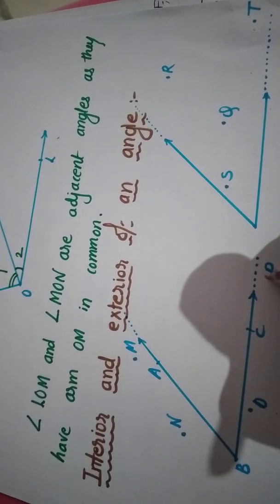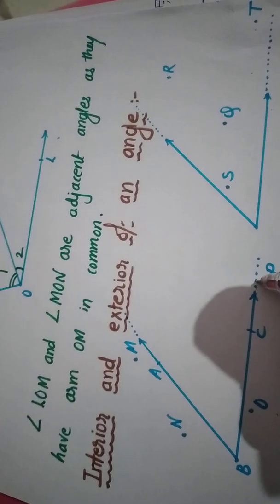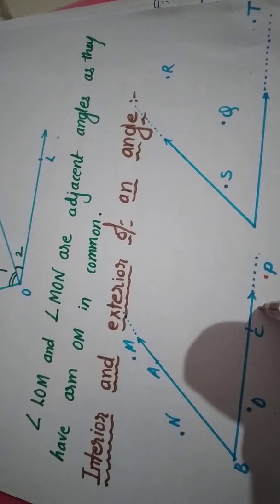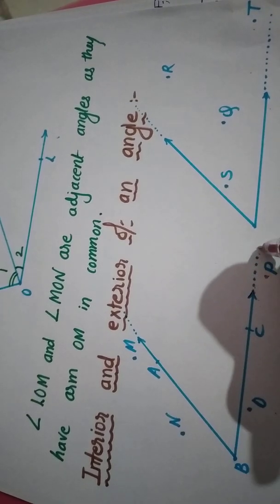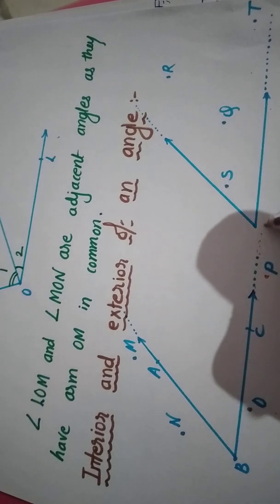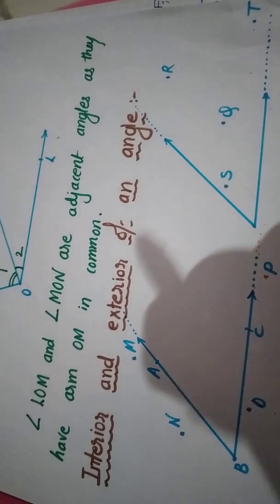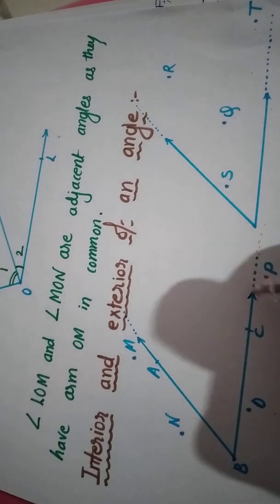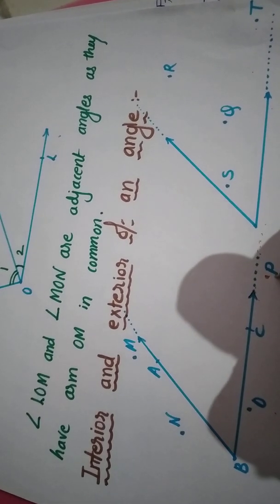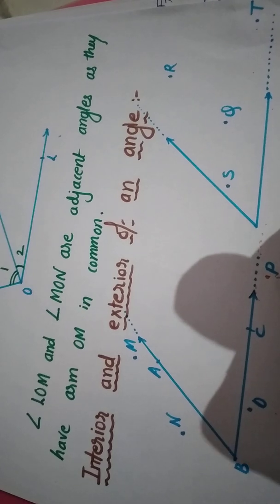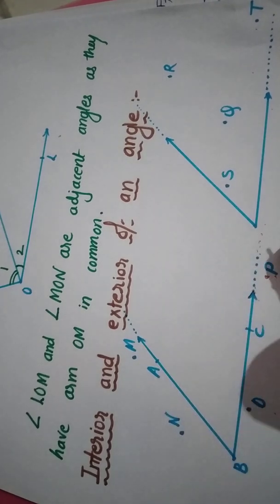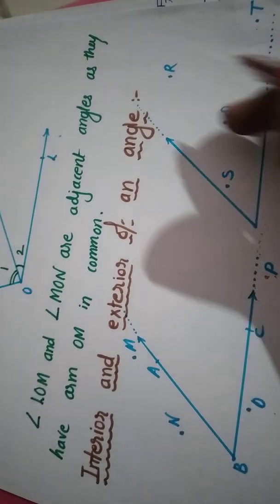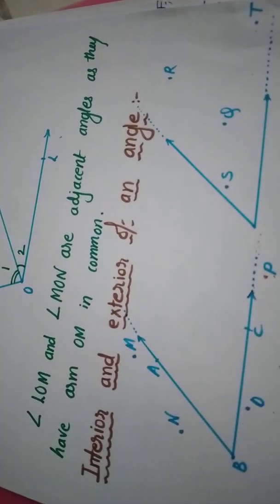See here, the point is given here. But if we extend this ray BC, so here it is an arrow. So we can extend this arm or this ray. It has no limit, it has no end point. So then also that point will be outside of this angle. So such types of points are called the exterior of an angle. Such space is known as the exterior of the angle and this is known as the interior of the angle.